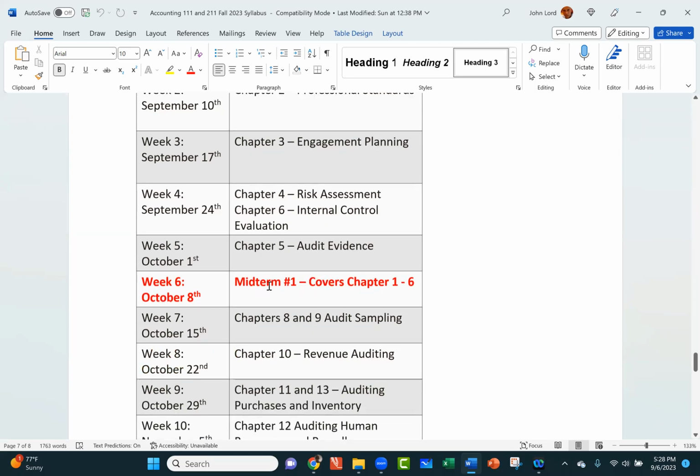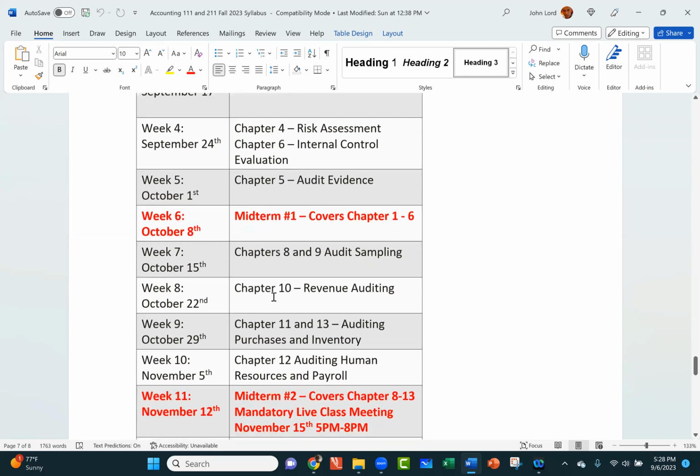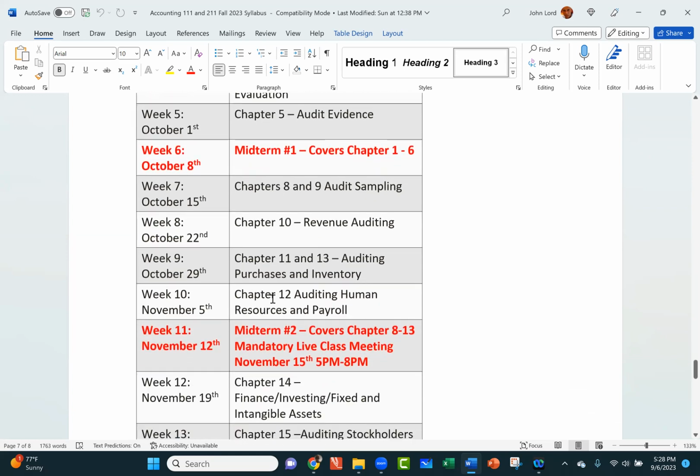You see the week, the midterms, I've explained, they open, they close. Then we continue on to midterm 2. That's interesting because we have a mandatory class meeting the same week the midterm's going on. So maybe that's good. We check in that week, and if you have questions that you think might be relevant to midterm 2, you can bring them to that.